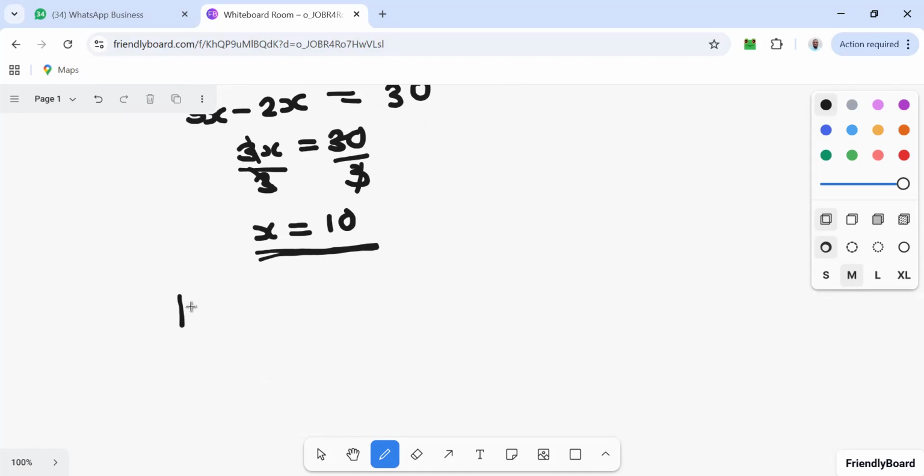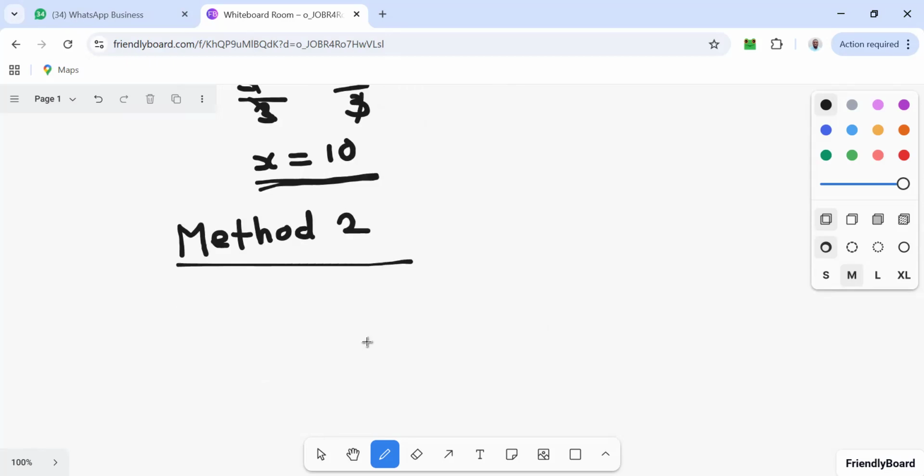All right. I'm going to show you another method, which is much easier, which I'm going to call method 2. So I'm going to rewrite the fractional equation one more time. x over 2 is equal to x over 5 plus 3.